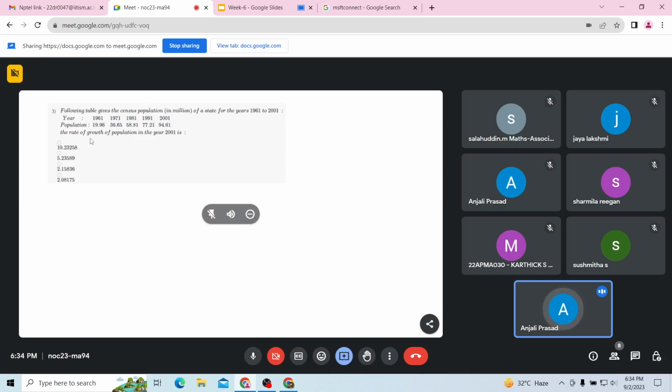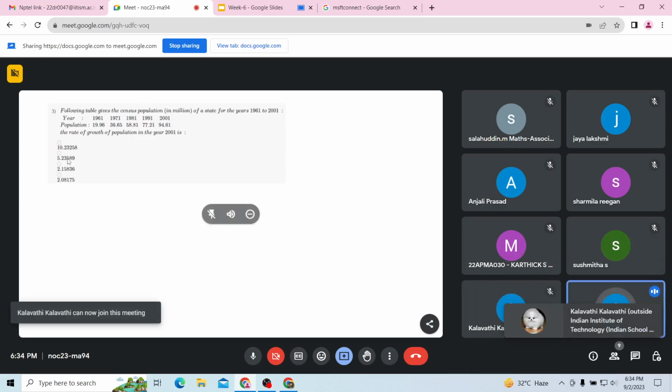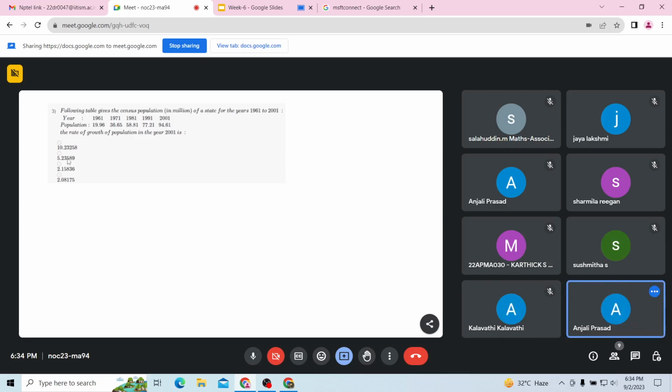So here you have to calculate the rate of growth of population in the year 2001. Rate of growth means you have to calculate the derivative.